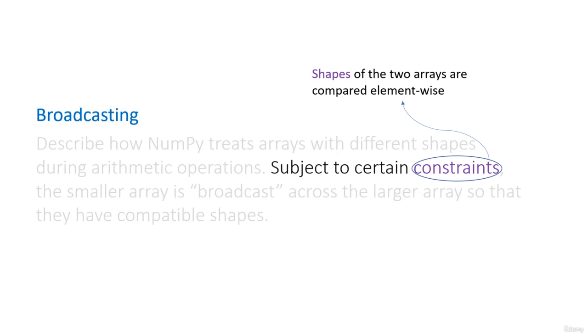It's pretty clear from our broadcasting definition here that the shapes of the two arrays have to be compared element-wise, and they are subject to certain constraints before broadcasting is possible. The dimensions of the two arrays are compared in reverse, starting with the trailing dimensions and working forward.